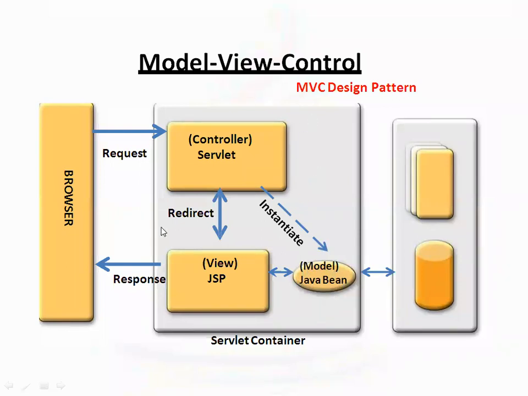We will take one example, see how it is mapped, and then you will understand what exactly a Java Bean is. Okay. Then after getting the data from the database, sir, the database will access the data from the model, then process it to the browser.